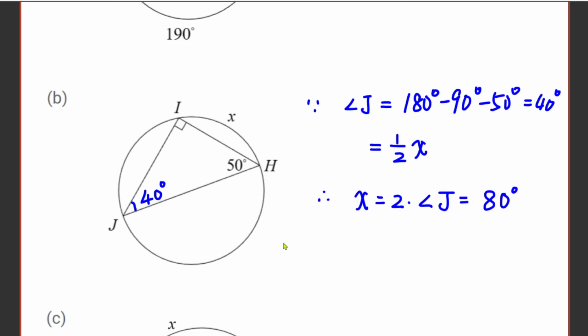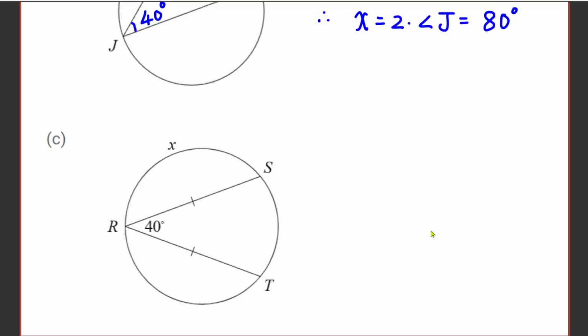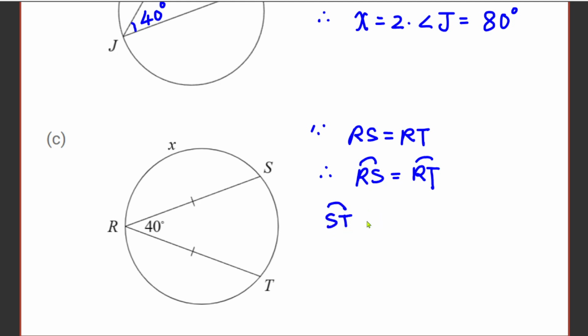Okay, then question C. Here we have RS equals RT, where the little strokes mean they are equal. Right? Because of this, arc RS equals arc RT, right? Furthermore, the arc ST equals twice angle R, which equals 80 degrees.